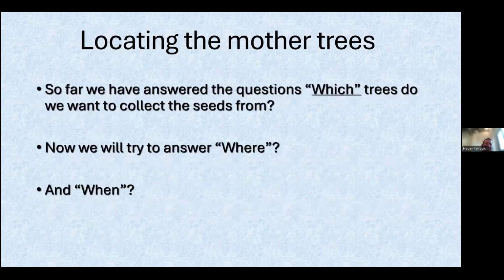Until now, we spoke about and answered the question about which tree we want to collect the seed from. Now let's try to answer the question about where we will find those trees, and when we should collect the seeds, all over the year or so on.